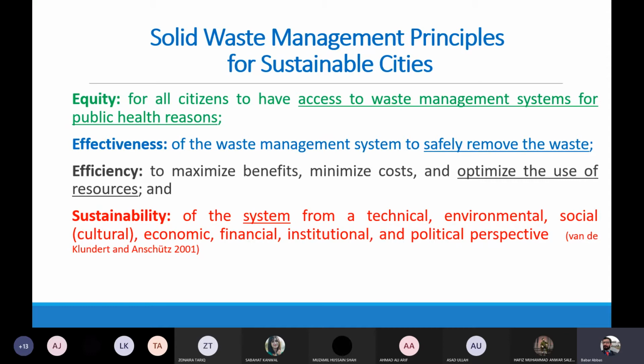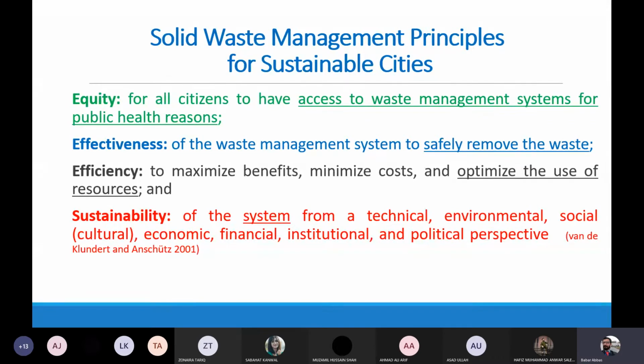Then the economic and financial setup means that you have to reduce the total cost of the waste management system, and you have to look for revenue generation opportunities in the solid waste management system, so that you can further make it a sustainable setup. Then comes the institutional setup.